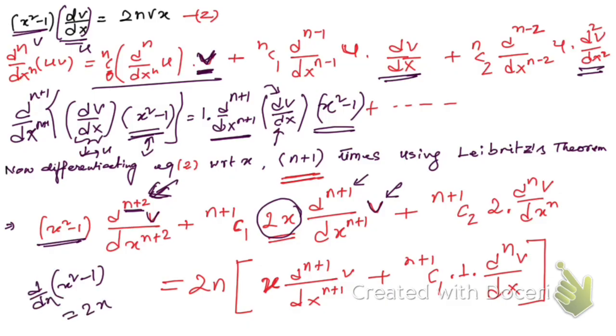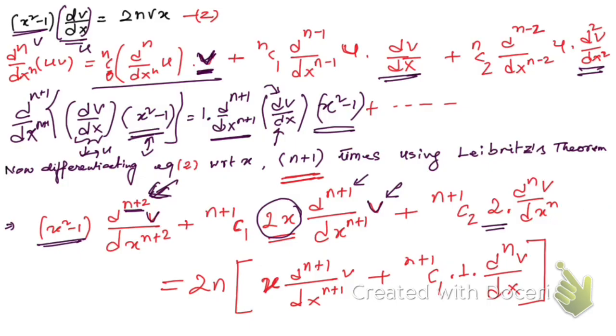Similarly, in the next term we should take the second order derivative of that. If you differentiate it again, then it will give 2, right? And the third term will be 0, because if you differentiate this 2 again, that's going to give you 0, because it is a constant term. So that's why we can end it here.